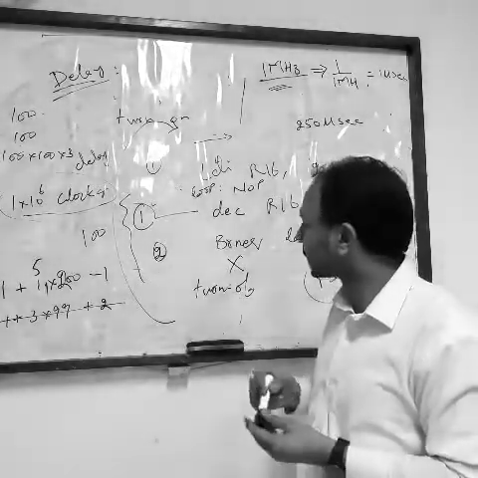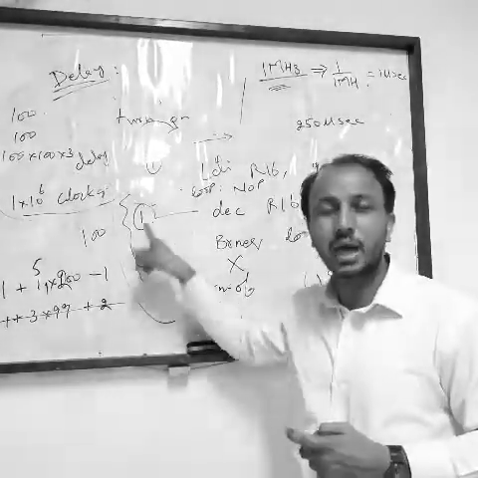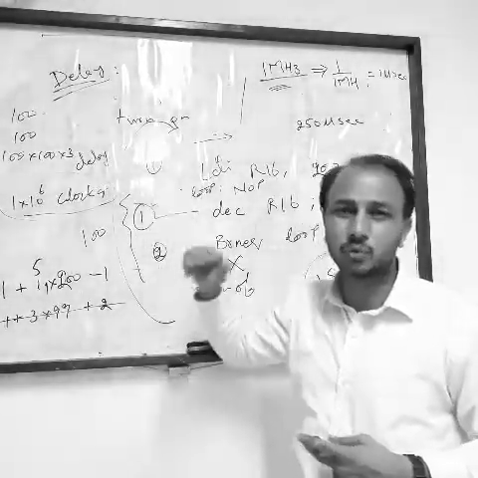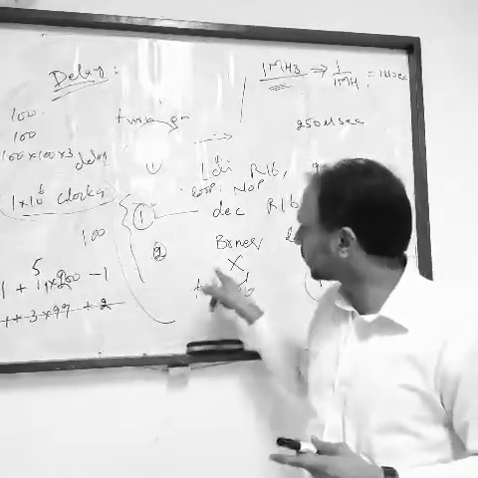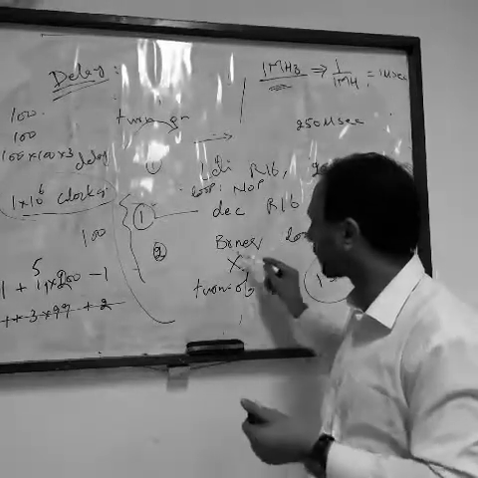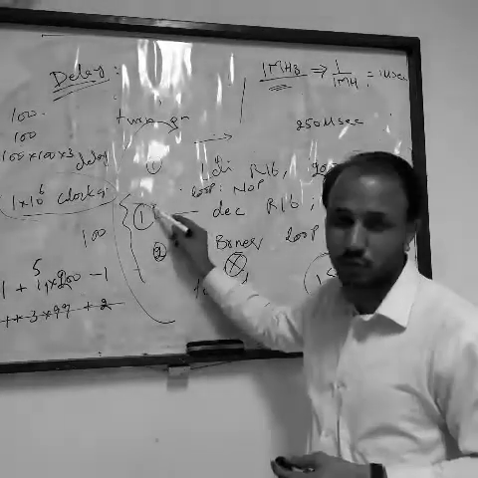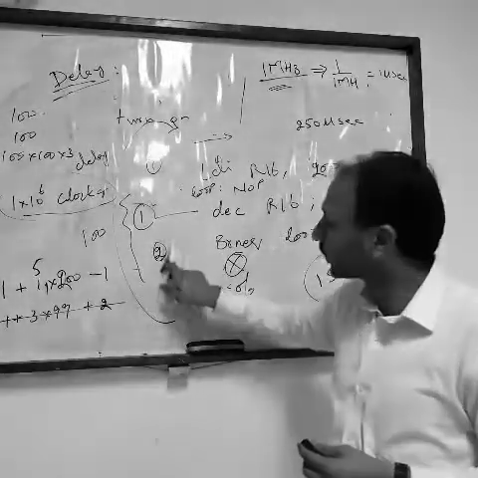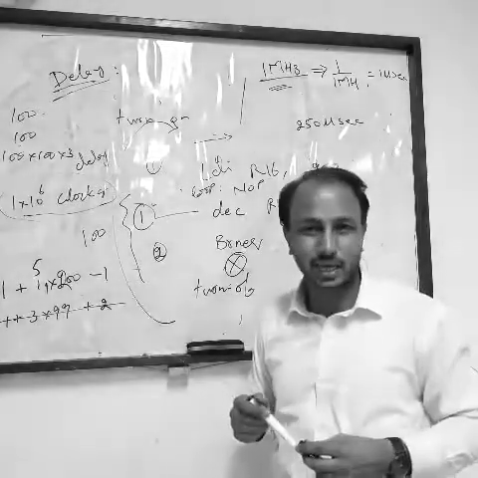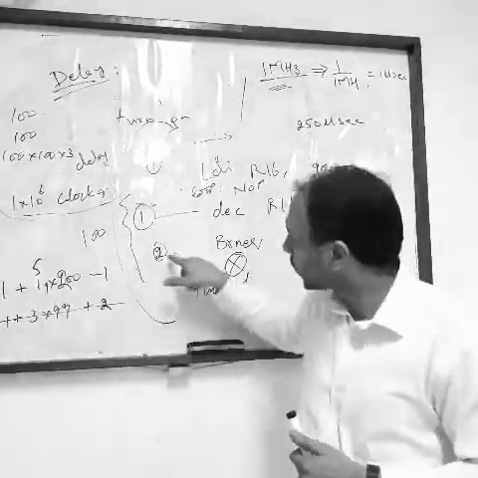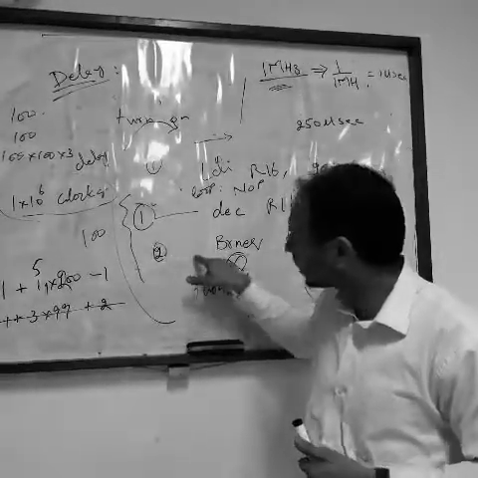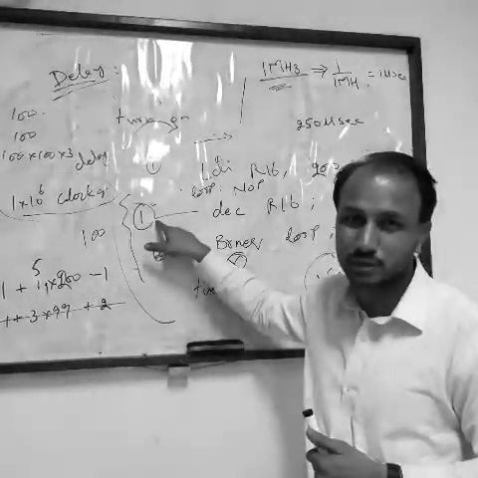So it is actually taking 2 clock cycles until it becomes true. It takes 1 cycle to discard this instruction, then go here. But at the end it will take 1 cycle less. It will not take 2 cycles. I used 3 here because 2 was this one and 1 was for this instruction.